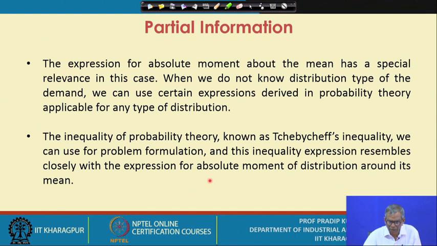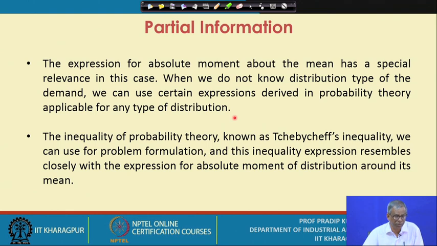The expressions for absolute moment about the mean have a special relevance in this case. When we do not know the distribution type of the demand, that is the problem under uncertainty, we can use certain expressions derived in probability theory applicable for any type of distribution. That is the greatest advantage of using these inequality expressions.